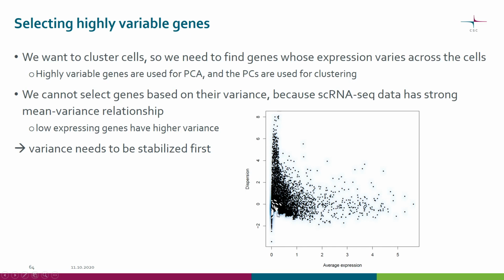As you can see, the genes that are expressed at low level tend to have quite high variance. So if we just select based on variance, we would end up picking only the low expressing genes, so that would be biased.